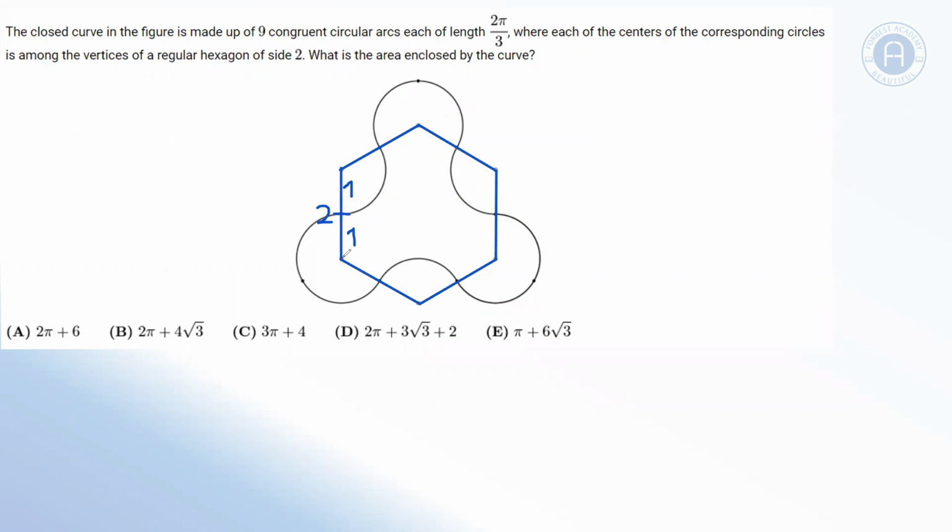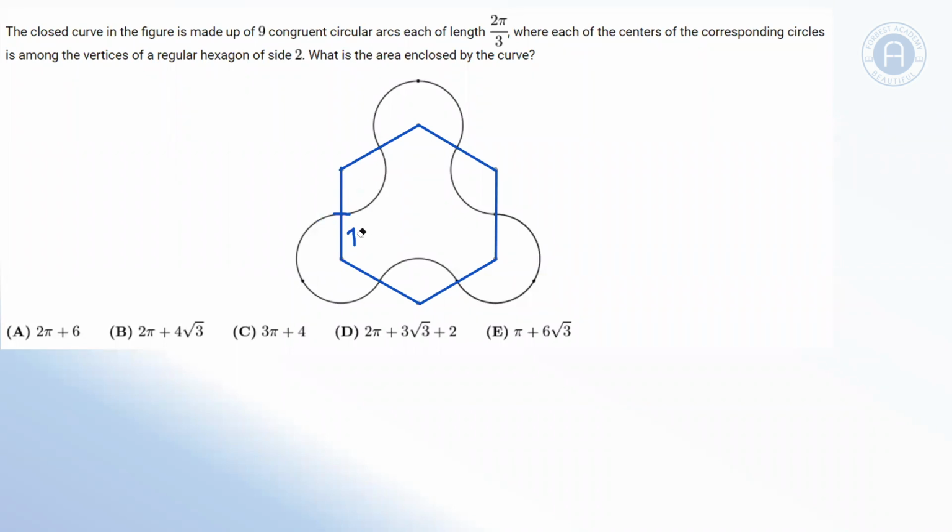If we have a radius of 1, the entire circumference would be 2 times π times the radius, so we've got 2π. Therefore, 1/3 of this would be 2π/3. So this arc is exactly 1/3 of a circle.